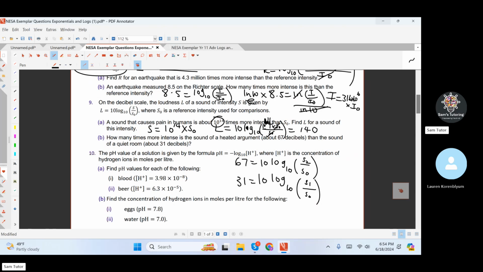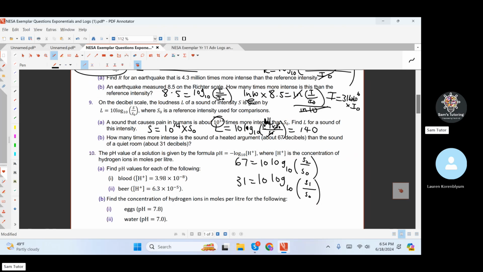You can start writing. So the first step will be divide by 10. Then change your logs to LNs and then bring them over. Are you out with that ratio? So 67 divided by 10. Change your base: ln of S2 over S0 over ln 10. Eventually, you're going to multiply by ln 10 over. One by one. For now, divide your tens over.